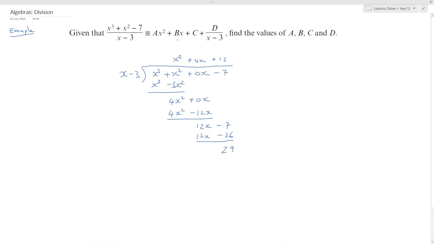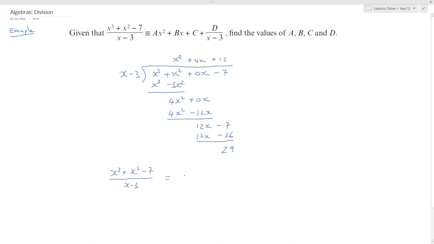So now I've got this expression in a slightly different way. I can write it as x cubed plus x squared minus 7 all over x minus 3.